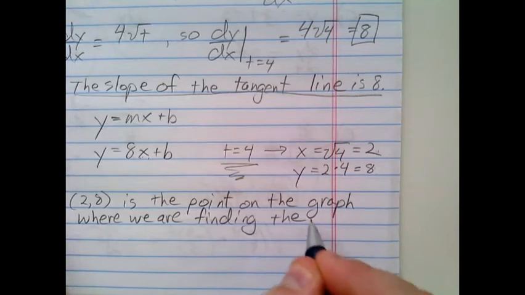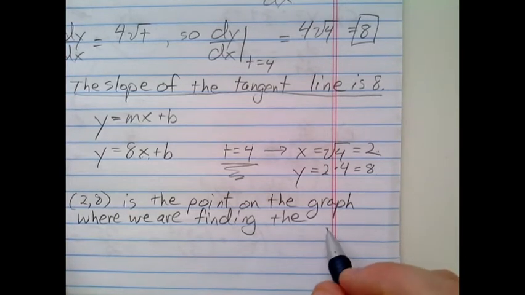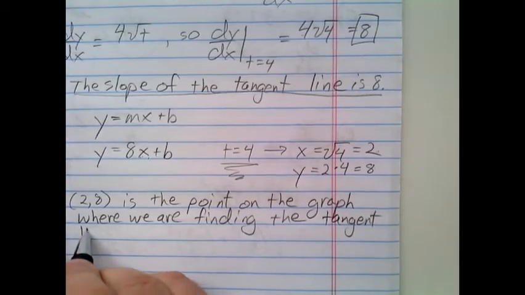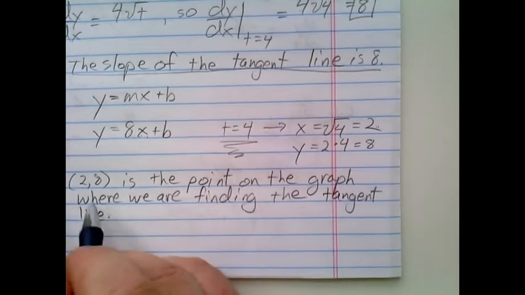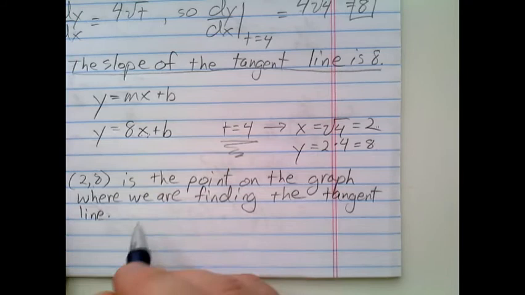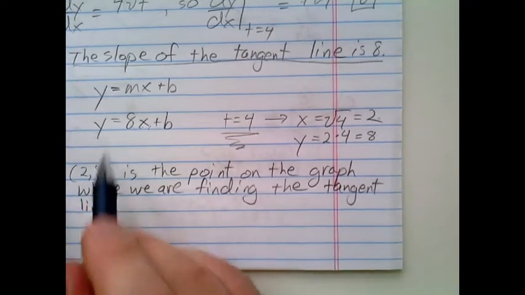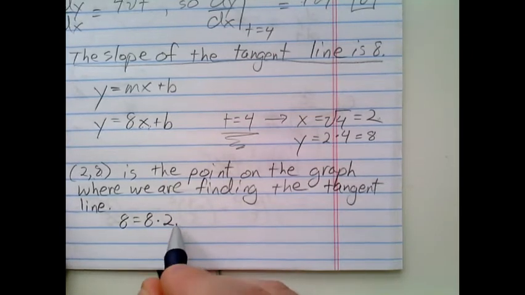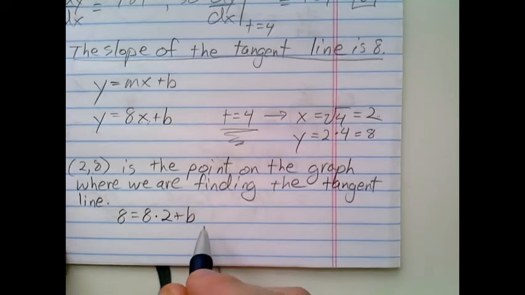It's the point where the tangent line is tangent to the curve. So now we have values that we can plug in for b. We can say, alright, 8 for y, 8 equals 8 times 2 for x plus b.